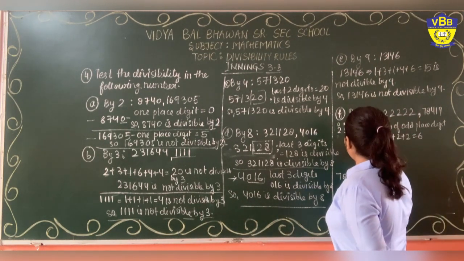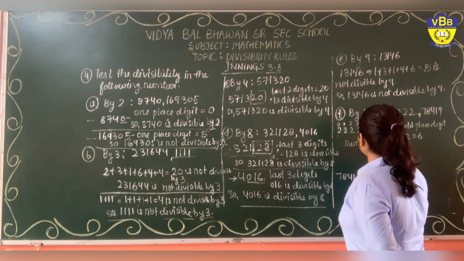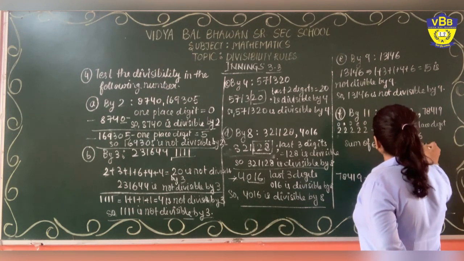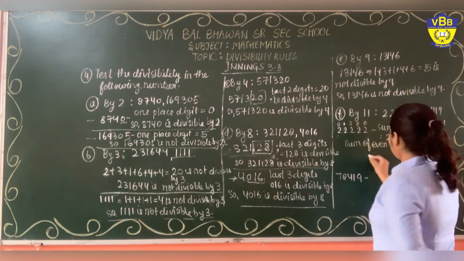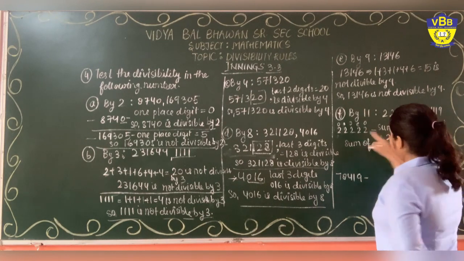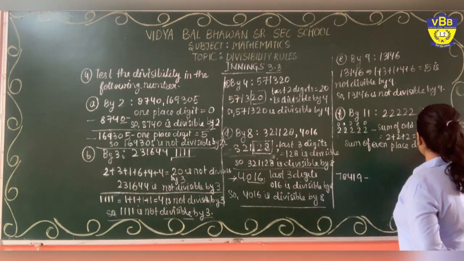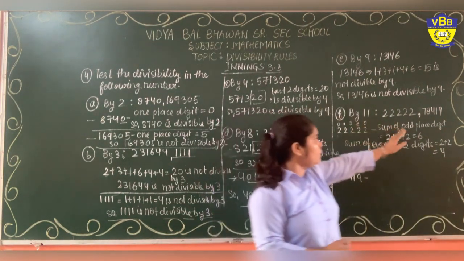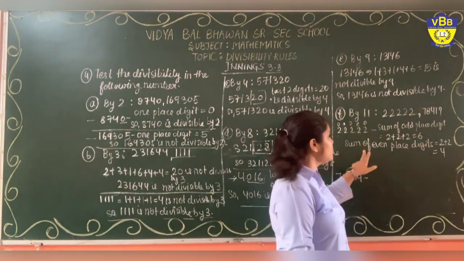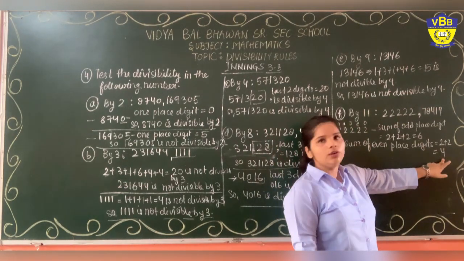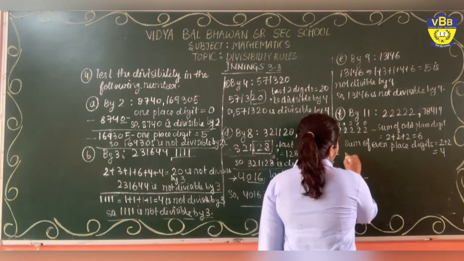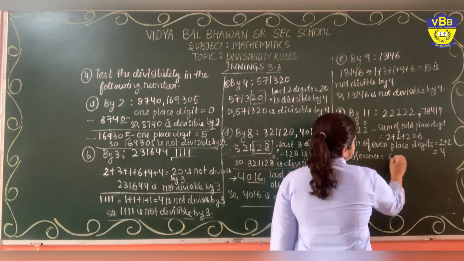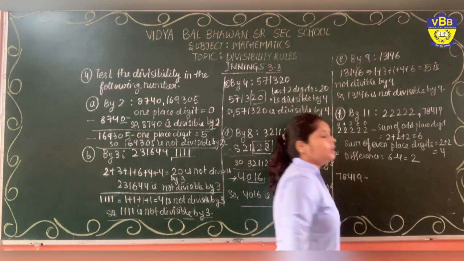Then the sum of even place digits, that is again 2 plus 2, which is 4. Now find the difference. Sum of odd place digits is 6, sum of even place digits is 4. Difference will be 6 minus 4, that is 2.